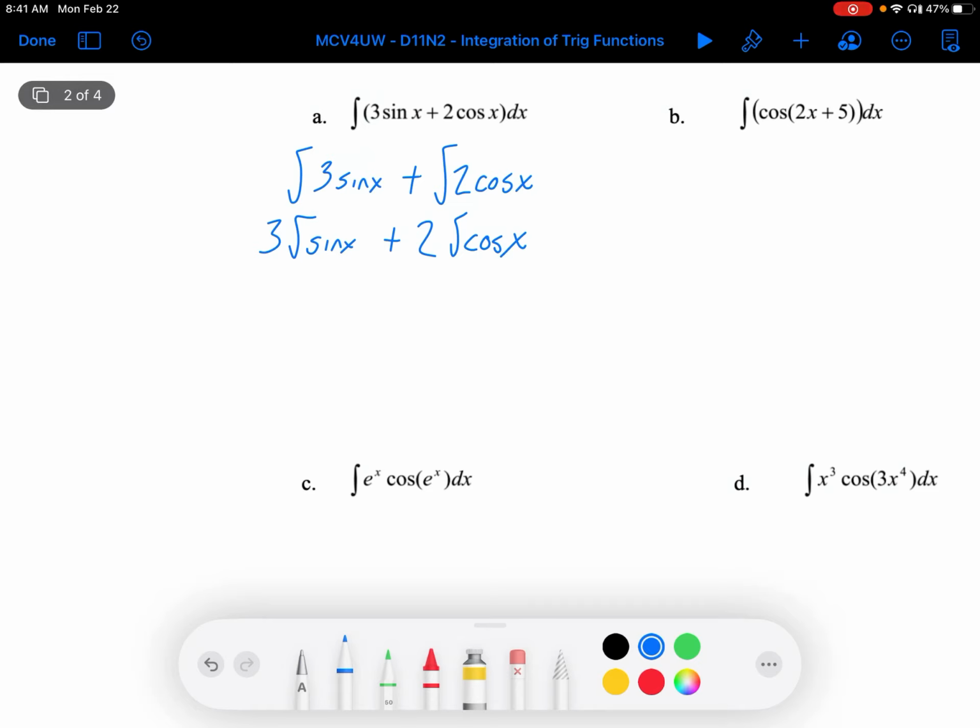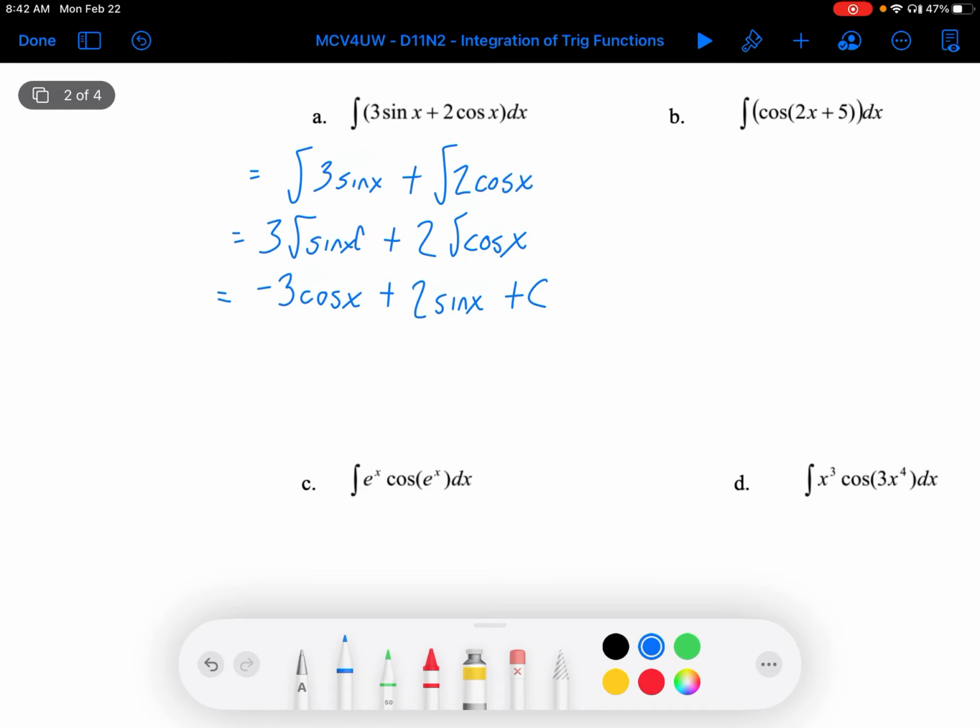So we're just going to have the integral of 3 sine x is going to be negative 3 cos x plus, and then this is going to be 2 sine x, and then we always have to add our constant in at the end.